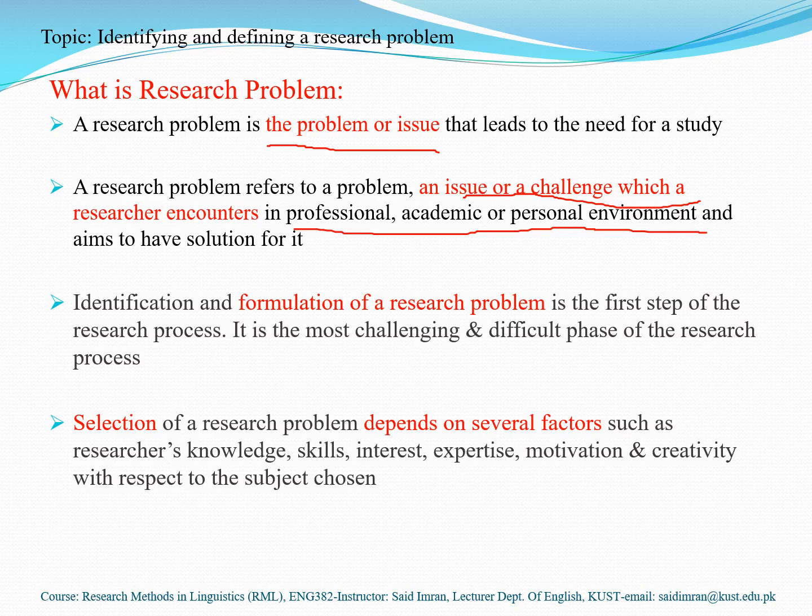And then it's really important that we identify and formulate the research problem. It's not easy, it's quite difficult, but it's really important to understand the nature of a research problem, how to identify it, and how to appropriately formulate it, state it in words.